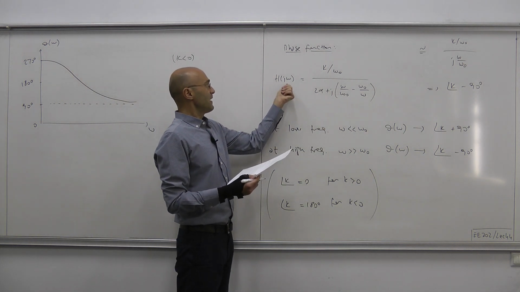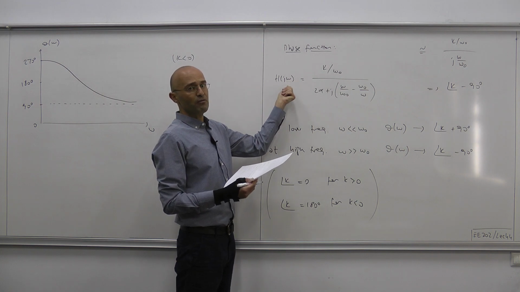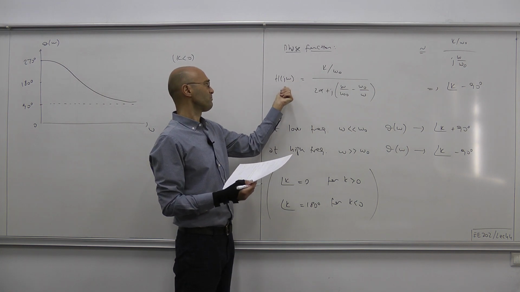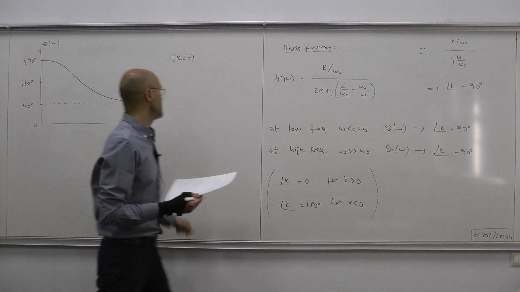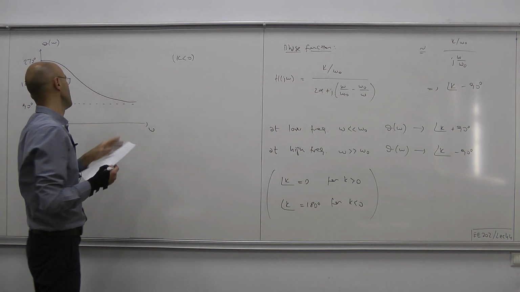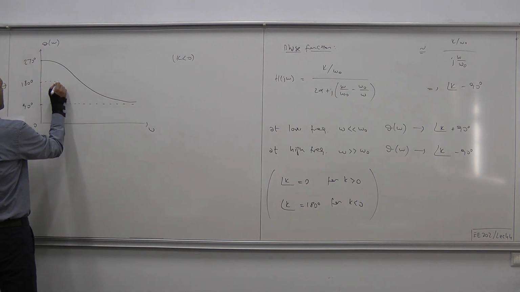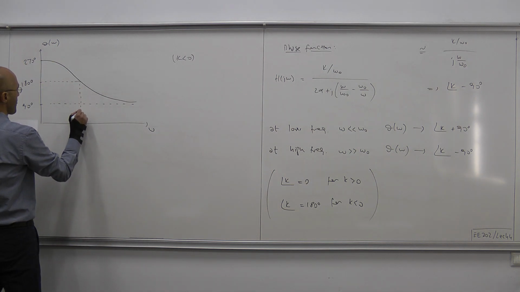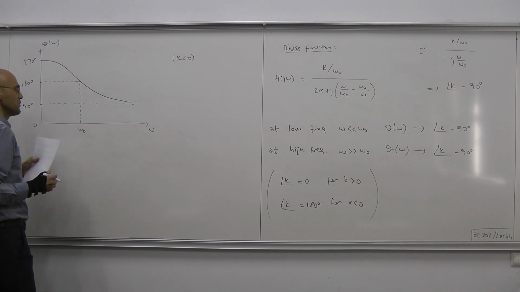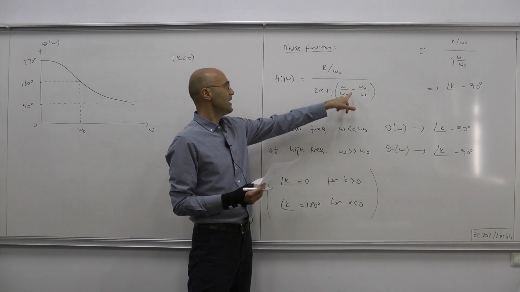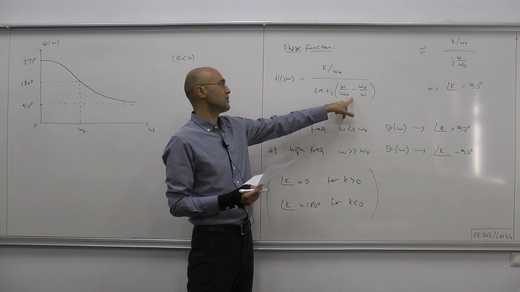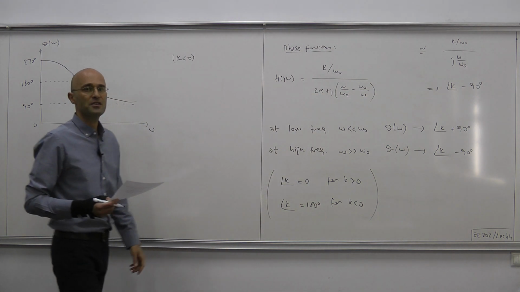That means at the center frequency, the phase of the transfer function, or phase of our filter, equals the phase of k. And in our example, k was negative, so that produces 180 degrees at omega 0. If k were positive, then at the center frequency, the phase of H(omega) is simply 0.